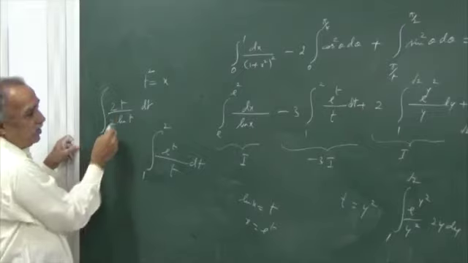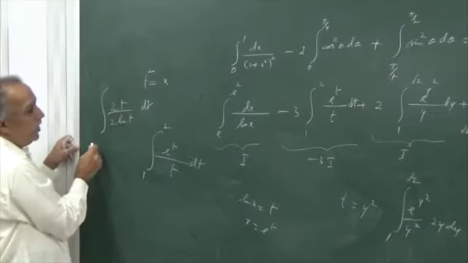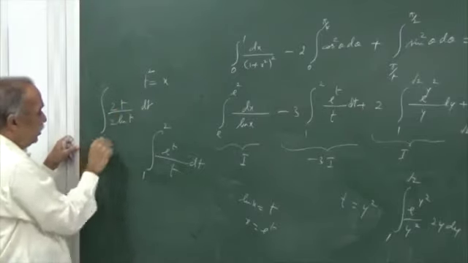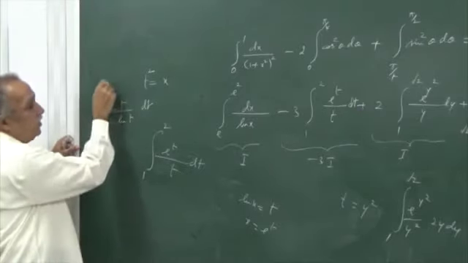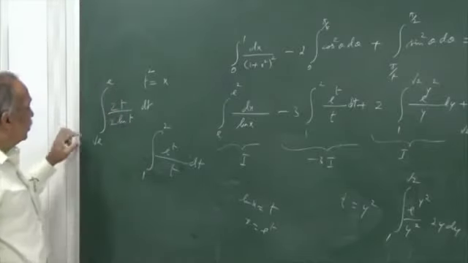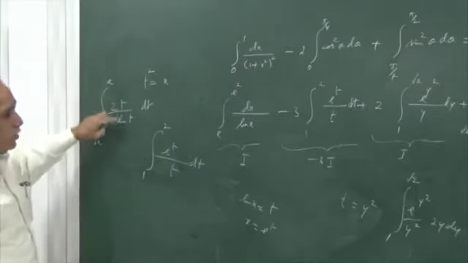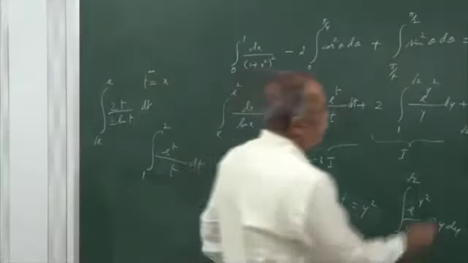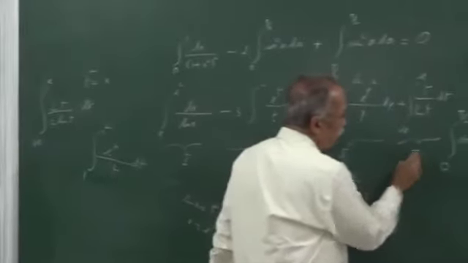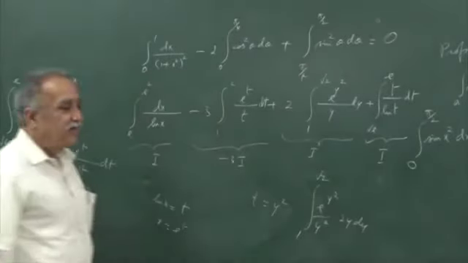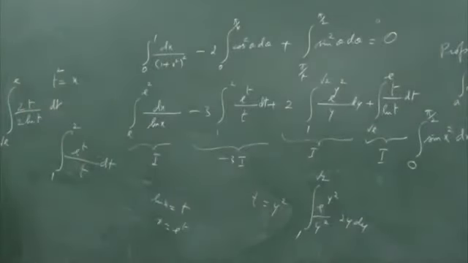New limits: x equal to e, t is equal to root e; x equal to e square, t is equal to e. So, root e to e, t by log t dt is another form of the same integral I. Therefore, the whole expression value must be 0.